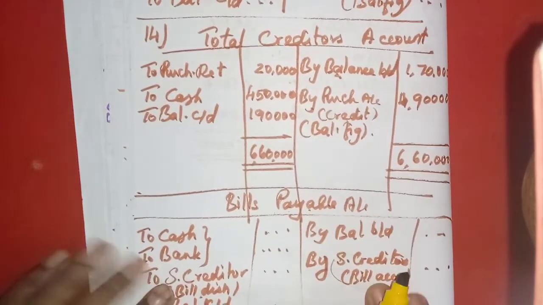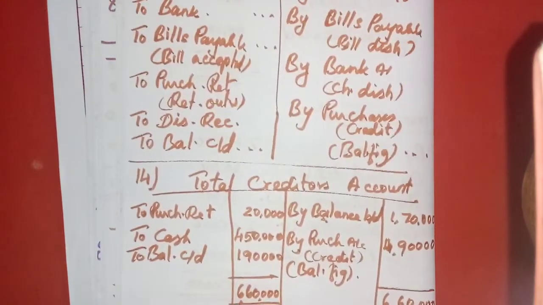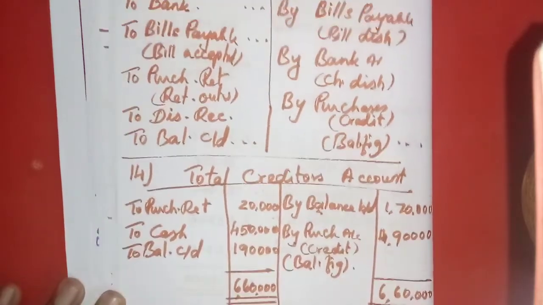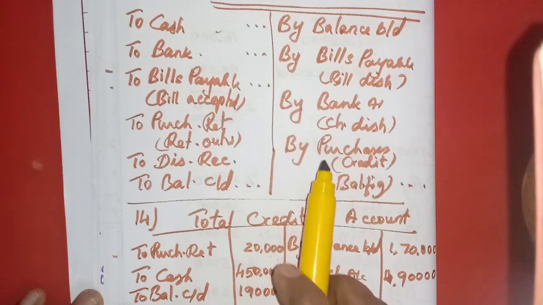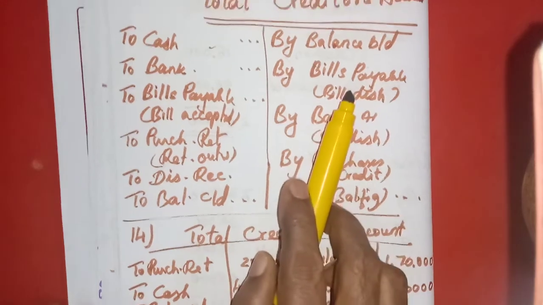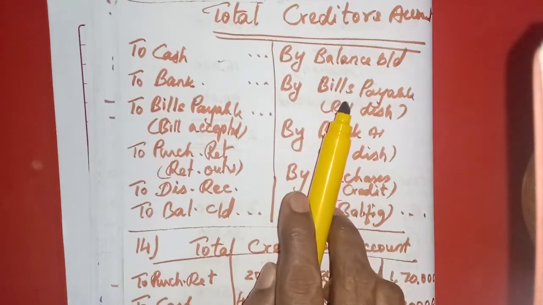Okay, these two only we are writing in this account, because we prepare first the bills payable account, only then the creditors account. In the creditors account, you see that bill dishonor, bills payable account debtor to sundry creditors, we wrote, no? So that one here we have to write.